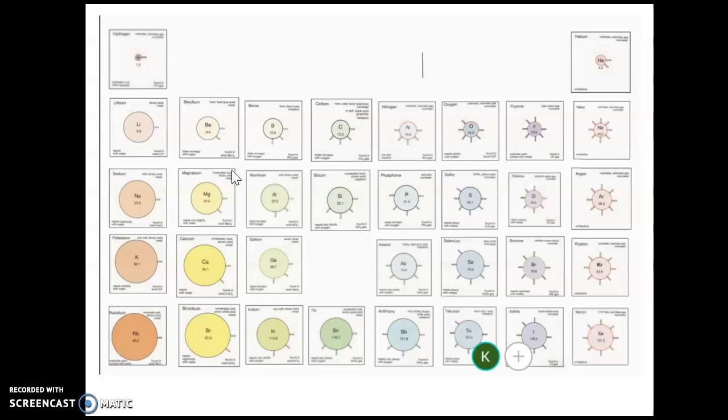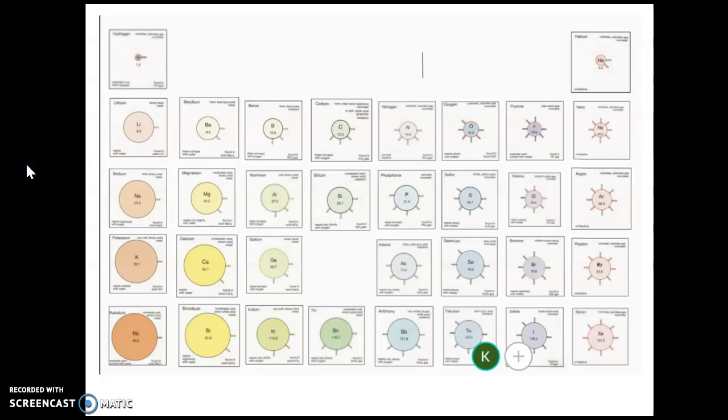They organized all the elements that had similar properties and put them into these groups. From that point on, they looked at the masses and then organized them in what we call rows. With that said, they were then able to develop the periodic table.